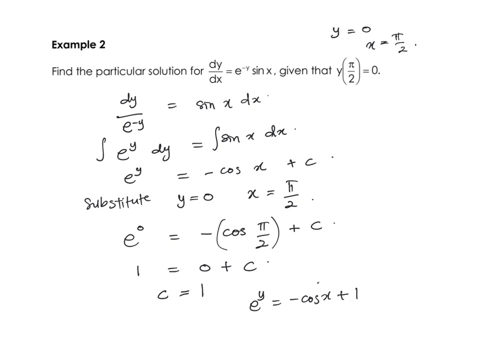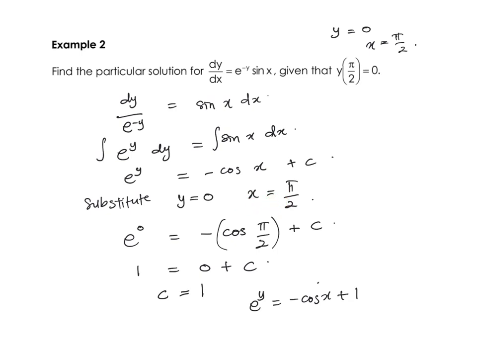So we integrate both sides: integrate e to the y dy equal to integrate sin x dx. Integrate e to the y, we get e to the y. Integrate sin x, we get negative cos x. Then we substitute y equal to 0 and x equal to pi over 2.